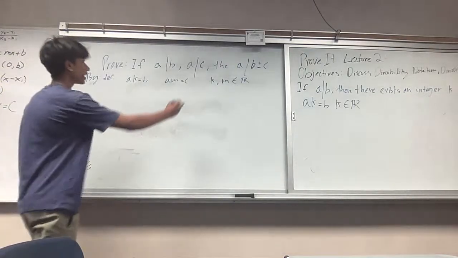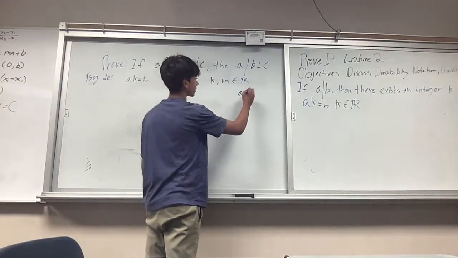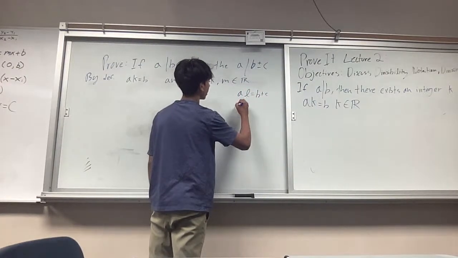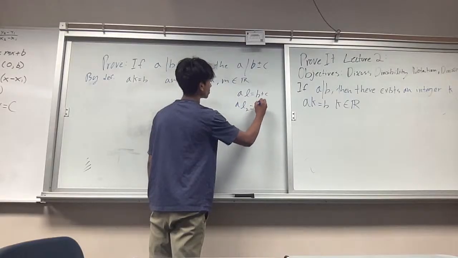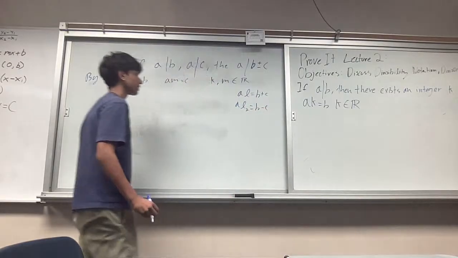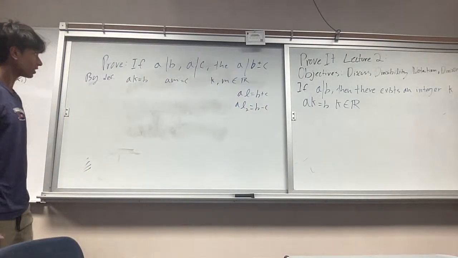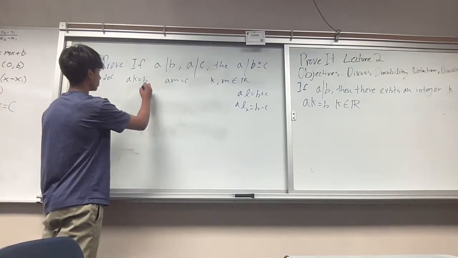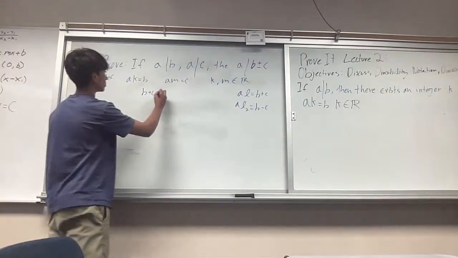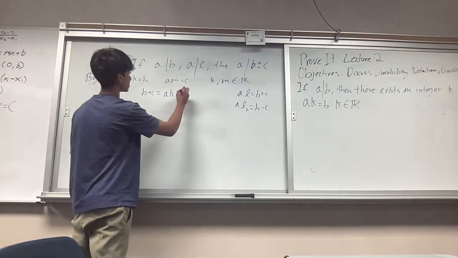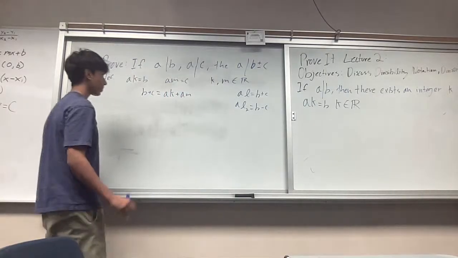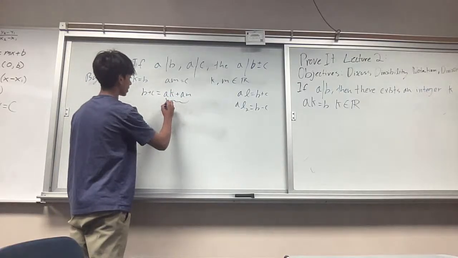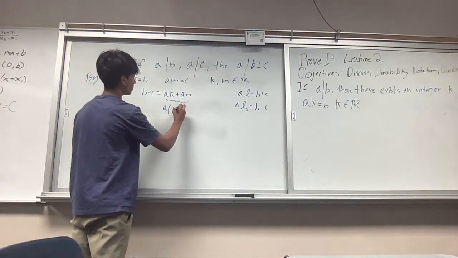Well, we're trying to show that there exists an integer, let's say L, such that AL equals B plus C and AL2 equals B minus C. That's our goal. Let's do B plus C. B plus C from this equals AK plus AM. We can factor an A out and write this as A times (K plus M).